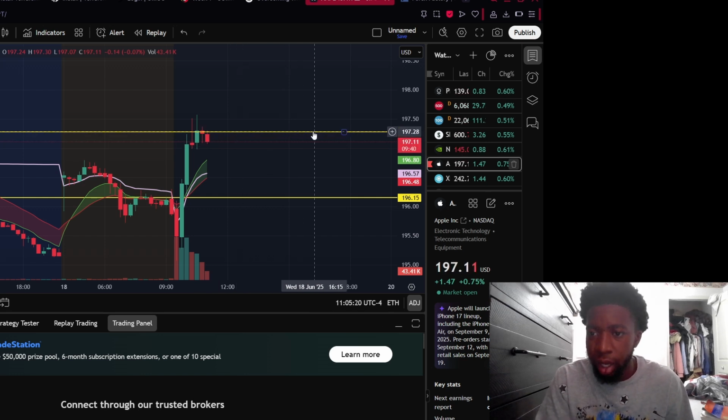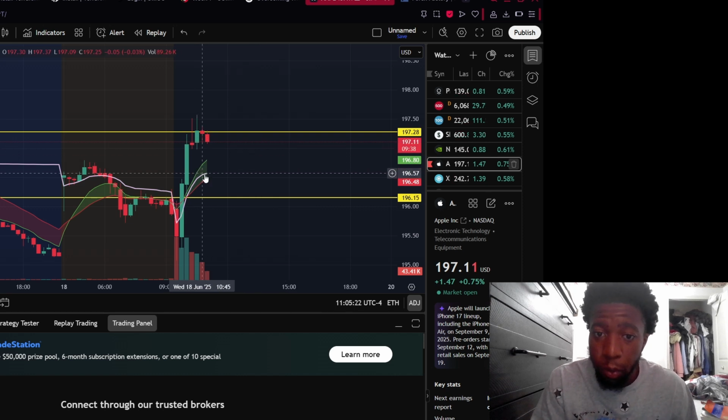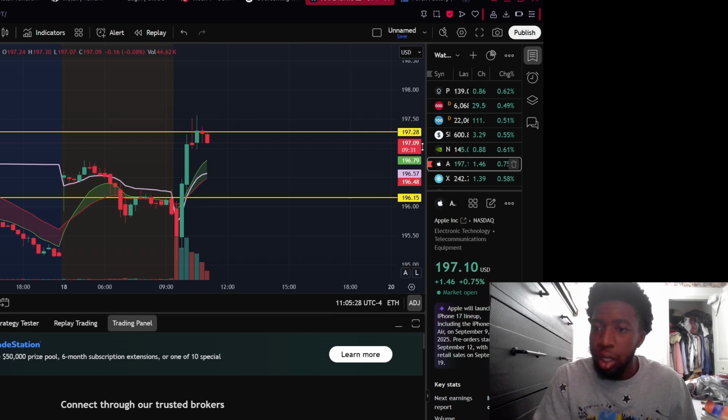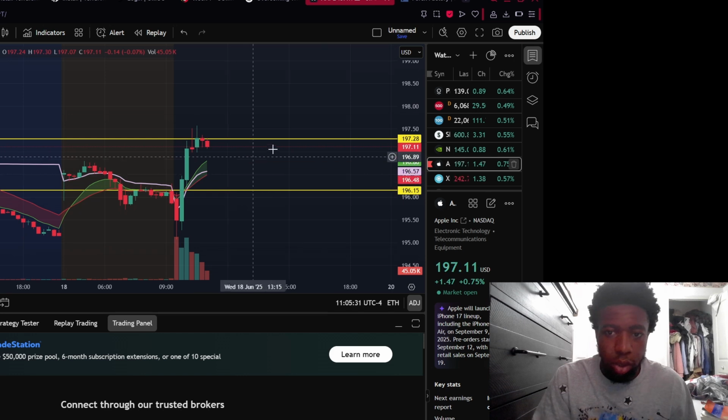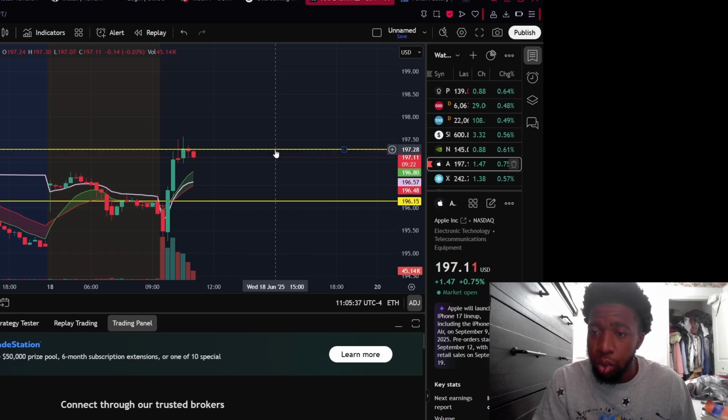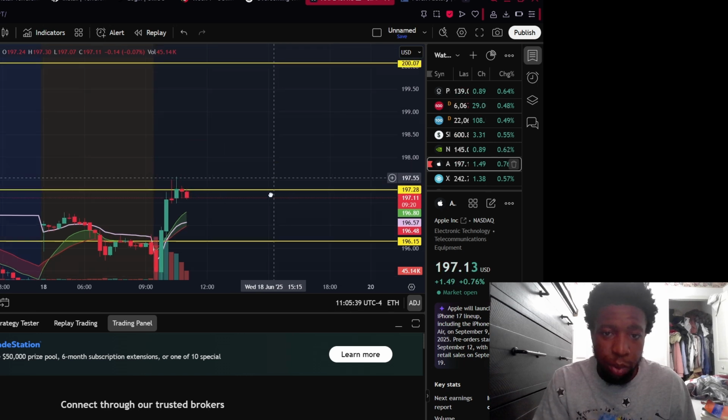Again, just like NVIDIA and SPY, look for the reaction around the VWAP and EMA cloud. If you see an engulfing candle or any patterns, really look at that. Right now we're at 197.25.